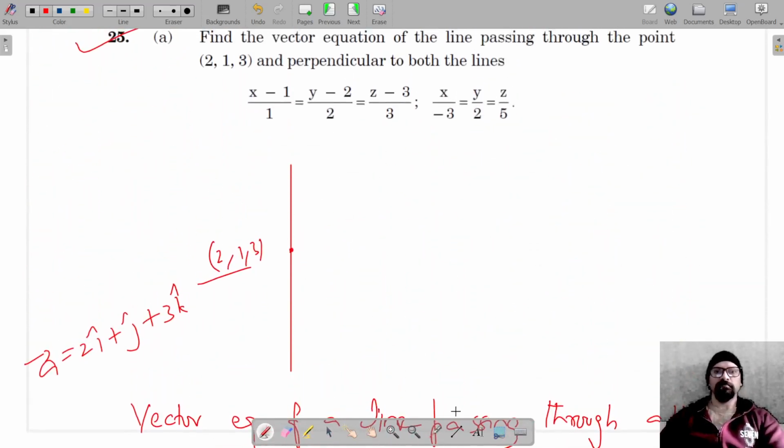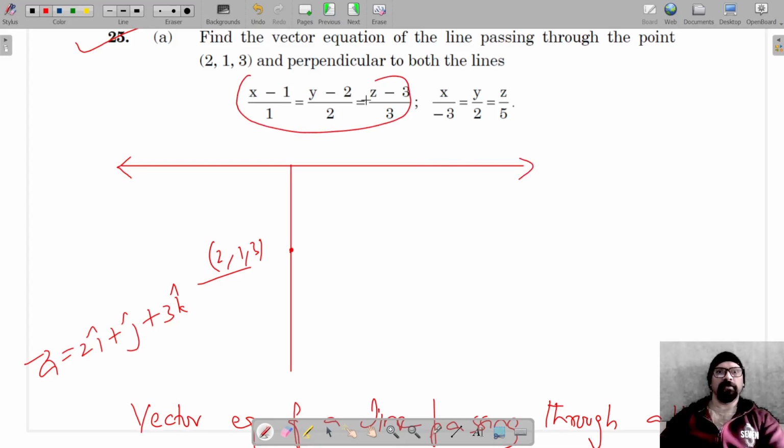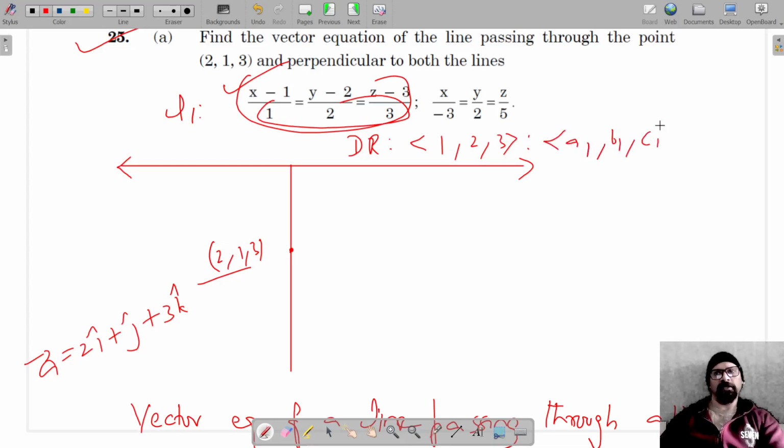Now this line, let's say L, is perpendicular to the first line, let's say line L1. This is in the standard form, so I can directly write down the direction ratios of this line. These direction ratios are 1, 2, and 3, and let these direction ratios be A1, B1, and C1.